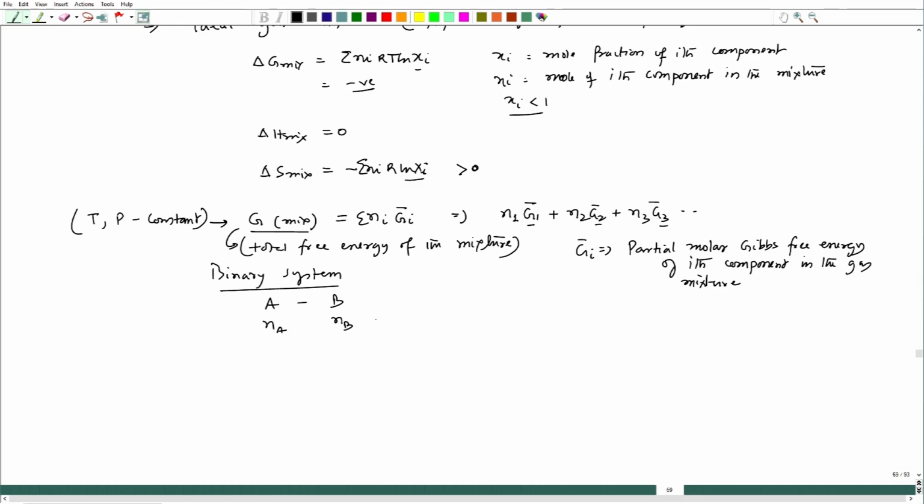Now, these are the number of moles of A and B respectively, and when we mix them, I can write G prime equal to Na Ga bar plus Nb Gb bar.